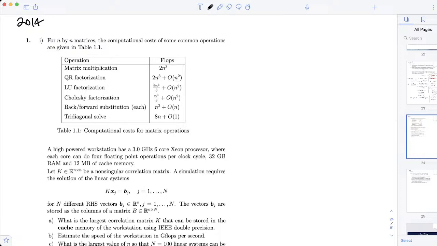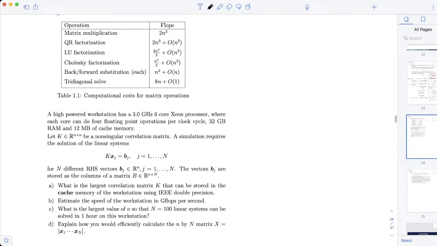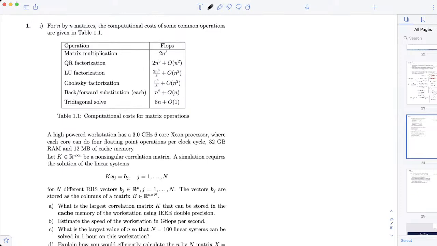Question 1. So this is more working with all the stuff with calculating speed and flops. First of all, in the exams that I've seen more recently, we don't actually get this table. So it would be good to remember the flops of all the factorizations.